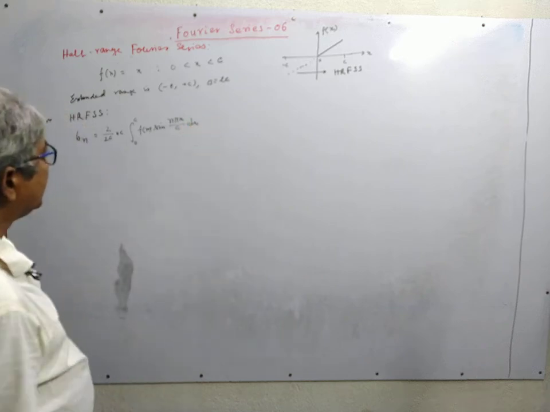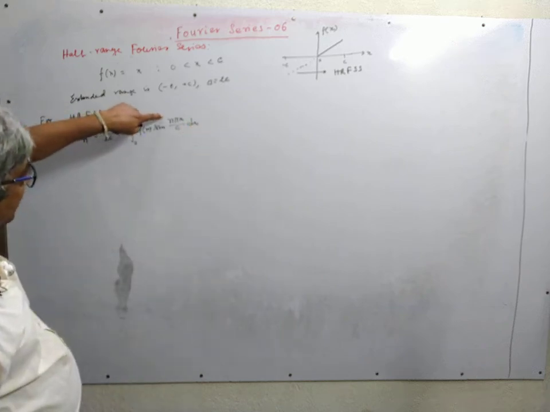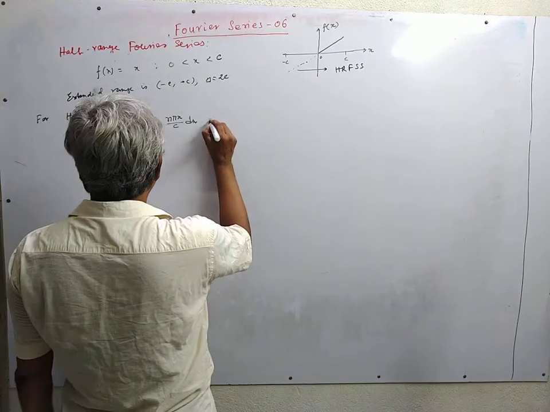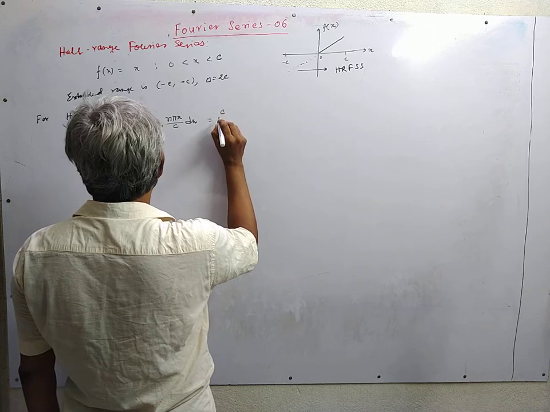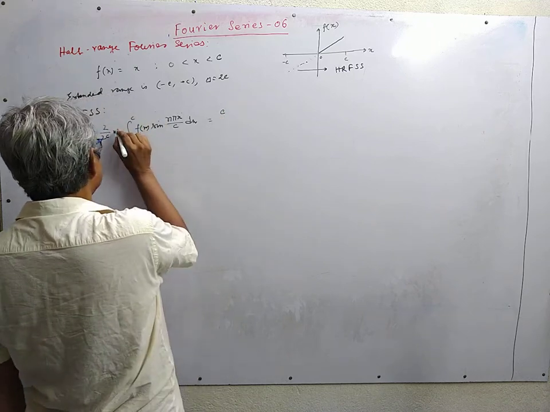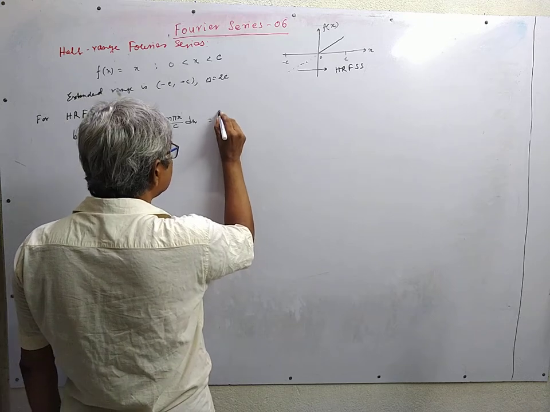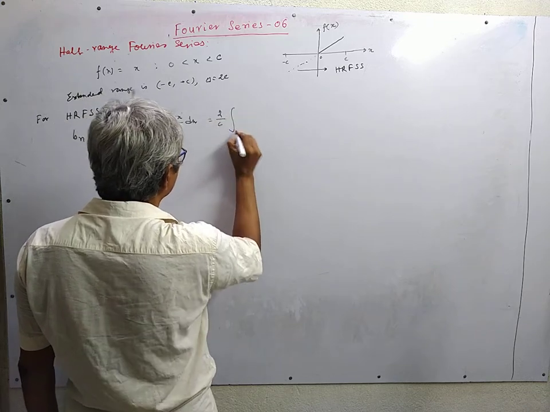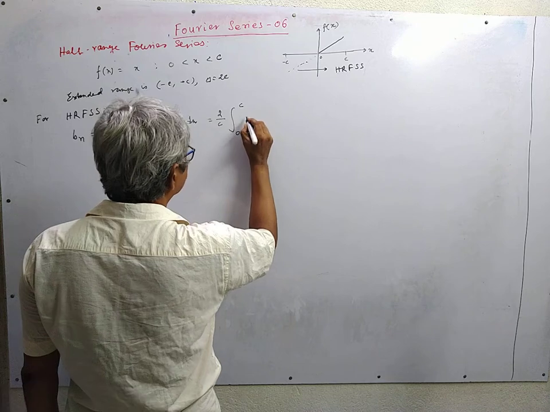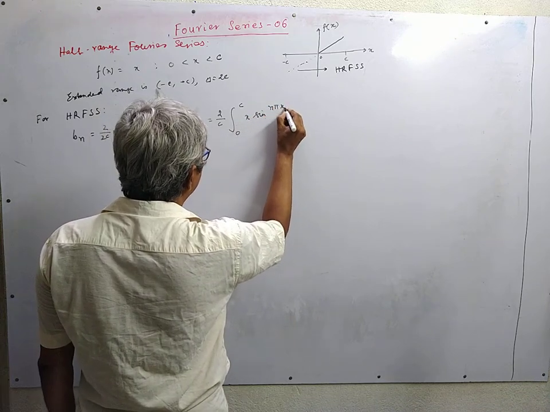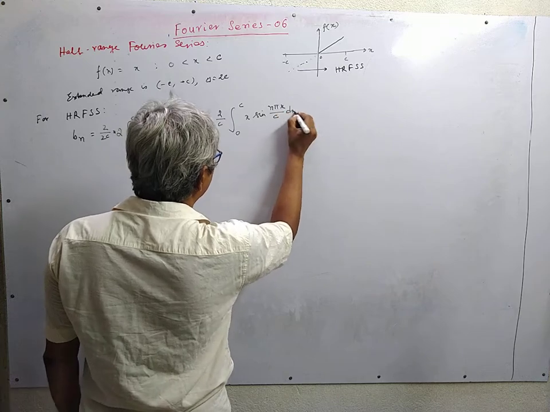You note that delta is equal to 2c, so the 2 in the numerator cancels with the 2 in the denominator. So this becomes 2 by c, integral 0 to c, x sine n pi x by c dx.